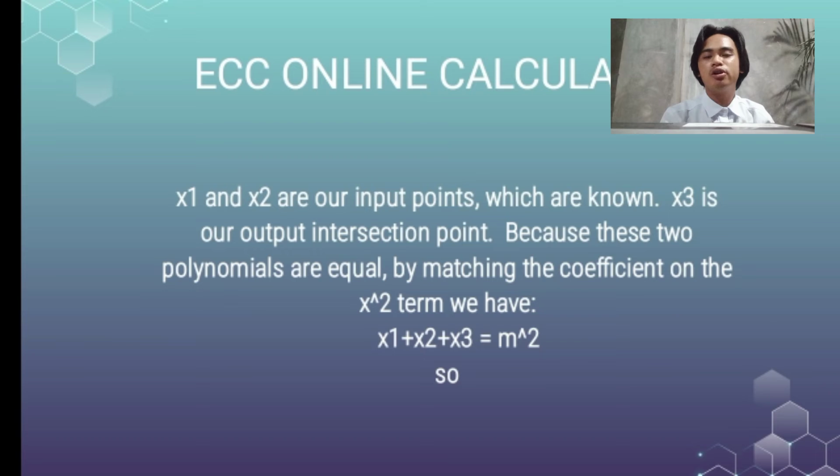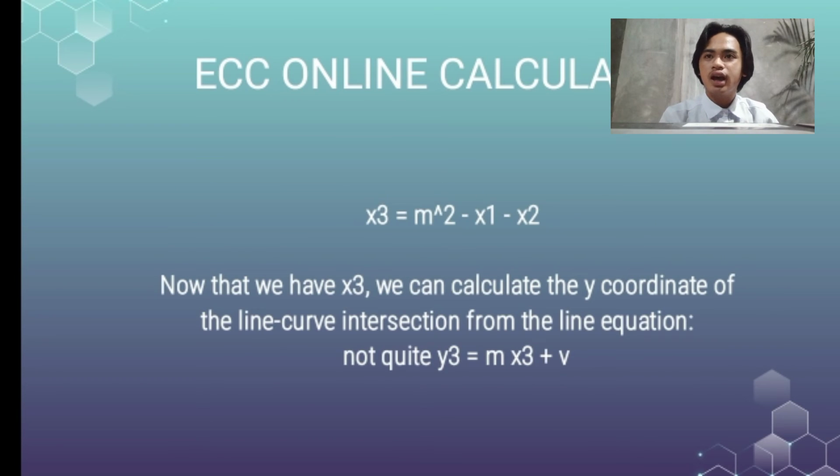Because these two polynomials are equal, by matching the coefficient on the x squared term we have x1 plus x2 plus x3 equals m squared. So x3 equals m squared minus x1 minus x2.